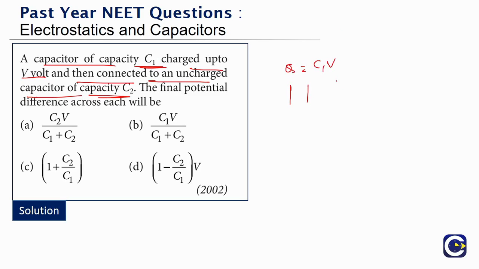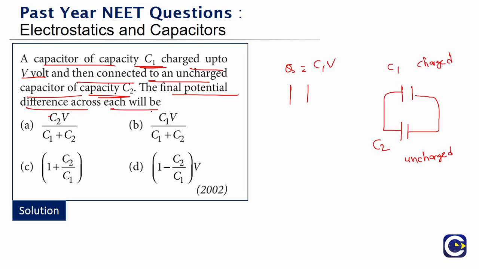Charge on this will be equal to C1 into V, because it is charged using a voltage V, right? After this, it is connected across a capacitor C2, which is uncharged. C1 is charged and the other one is uncharged.